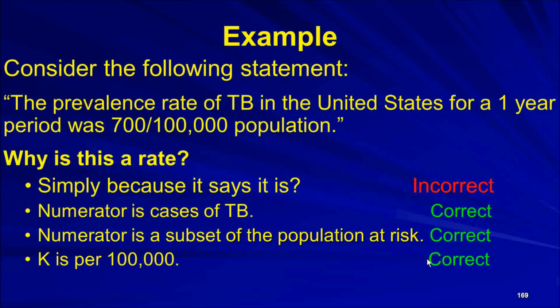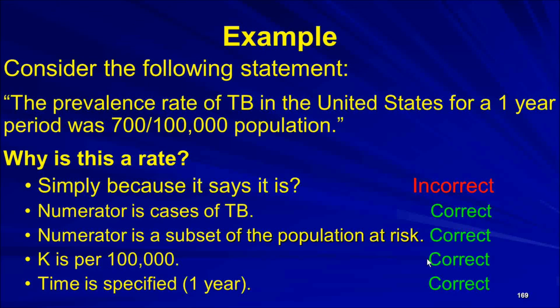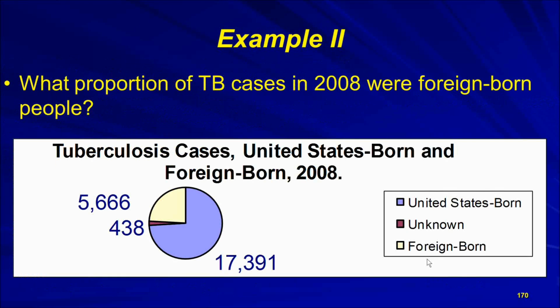Normally it is with the rate. And it indicated a specified time of 1 year. That's correct. And that's all the characteristics of a rate. But the primary thing that you have to remember is the denominator and numerator are related. Okay, let's go on to another example. What proportion of TB cases in 2008 were foreign-born people?